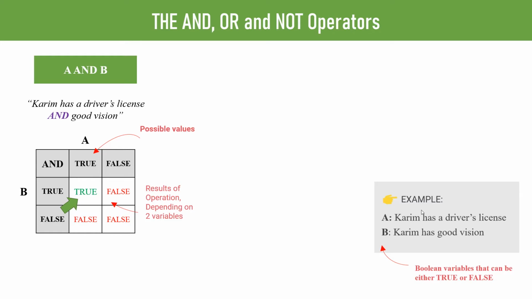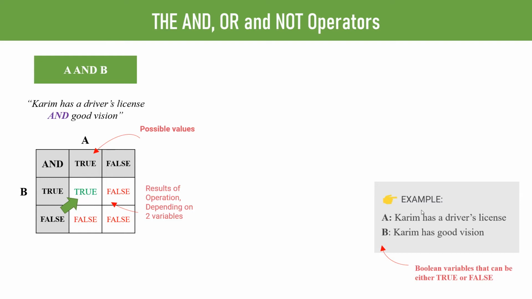After all, it's called the AND operator. And so again, what the AND operator does is to return true only if both A and B are true. In all other situations, if either A or B is false, then A and B will also be false.